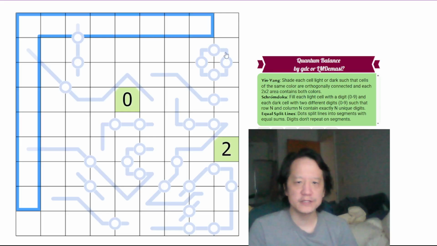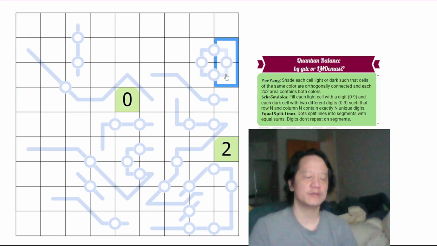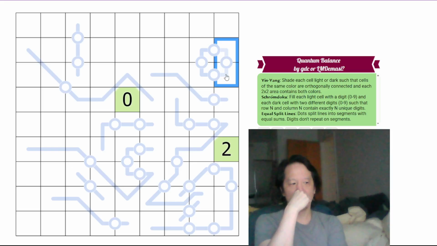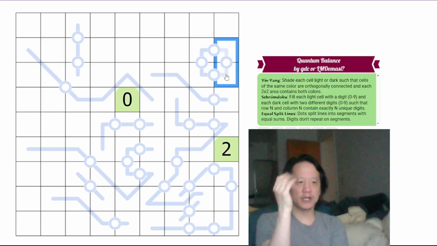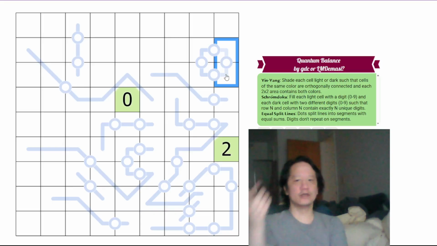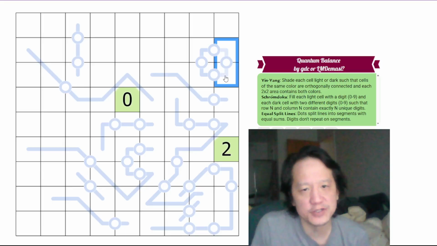But these cells sum to the same sum. One of them is guaranteed to be blue. You cannot have 2 greens. I mean, technically you could have 2 greens here, and they both be the same digit.